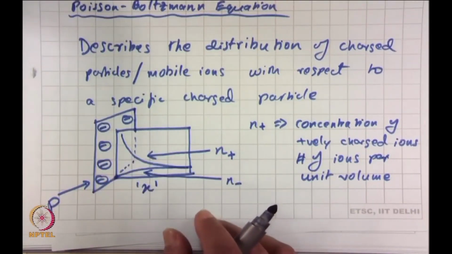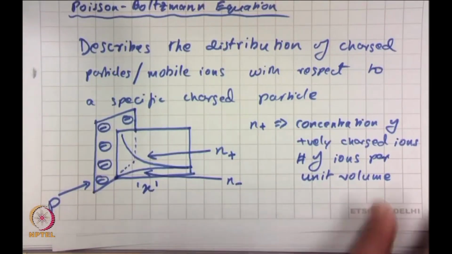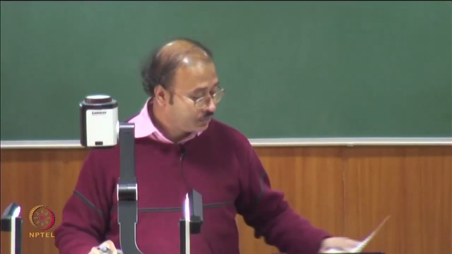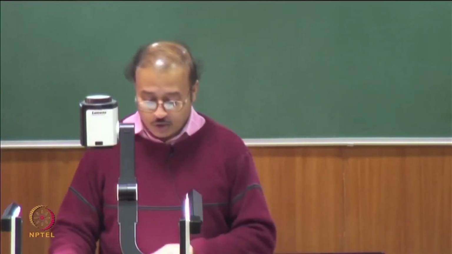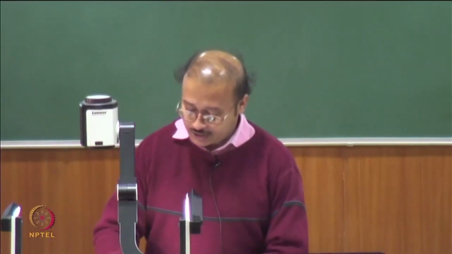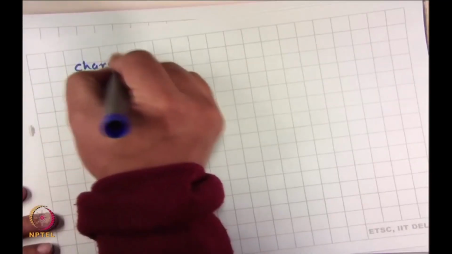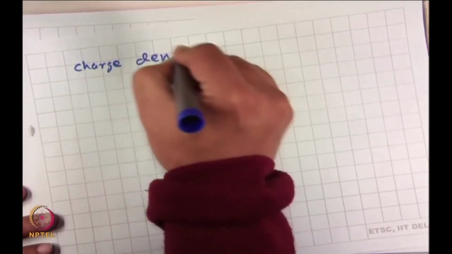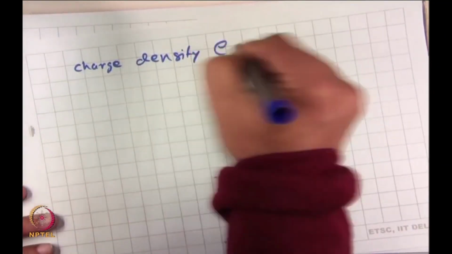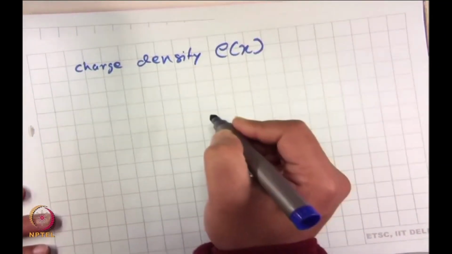Now, how to put it in a mathematical format? Keep this figure in mind, we will refer to it all the time. We look at something known as charge density, given by rho of x. What do I mean by charge density?